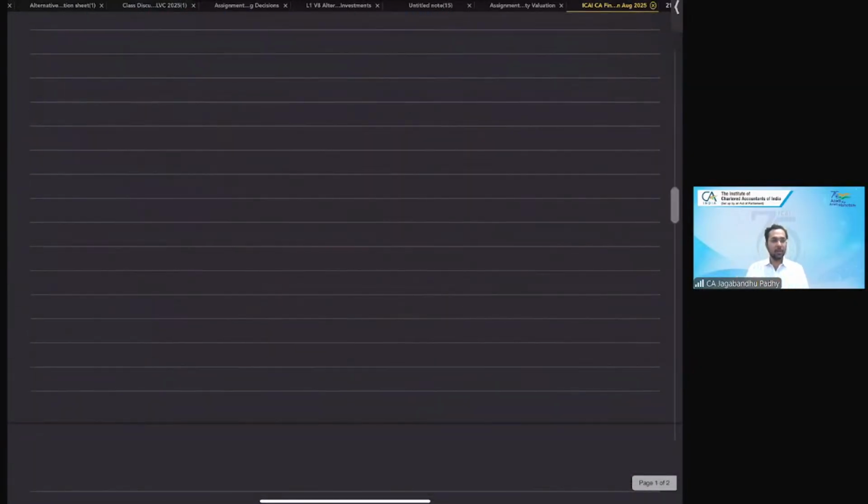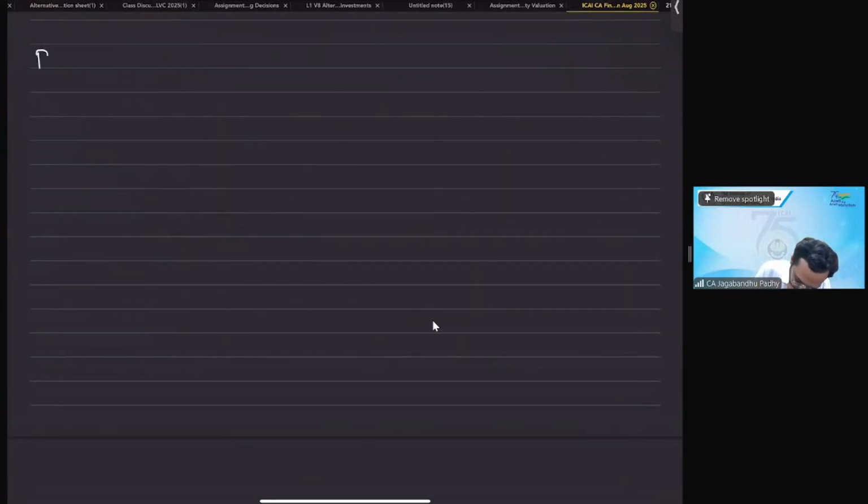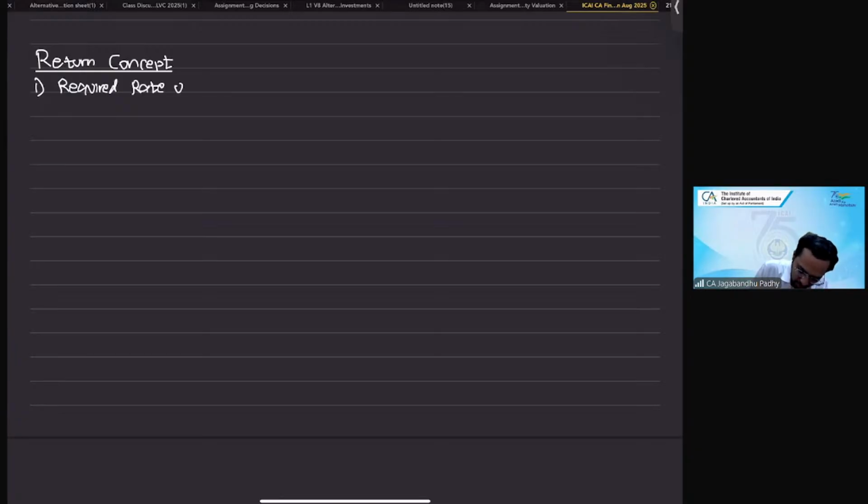Okay, so in the return concepts, the first thing that we need is the required rate of return, right? So we need to understand what the required rate of return is, because wherever we are going to invest, we obviously have an intention to earn certain returns out of it, right?